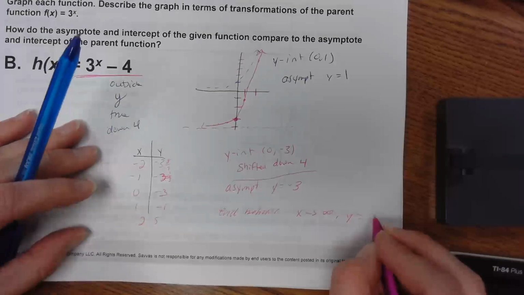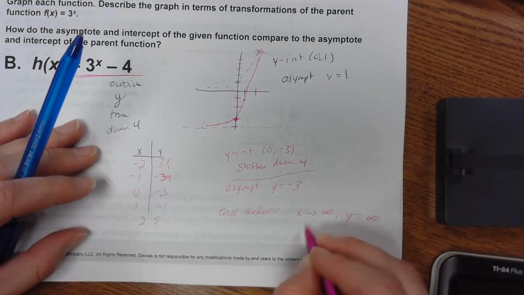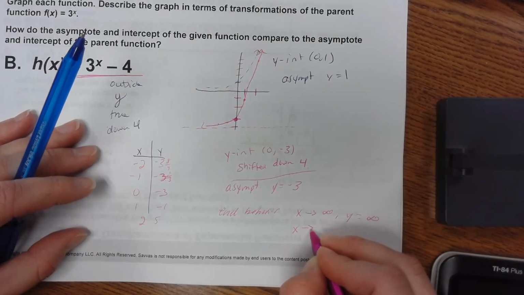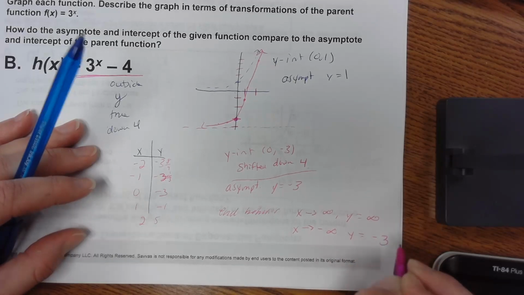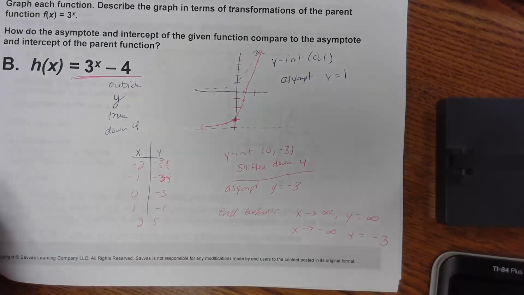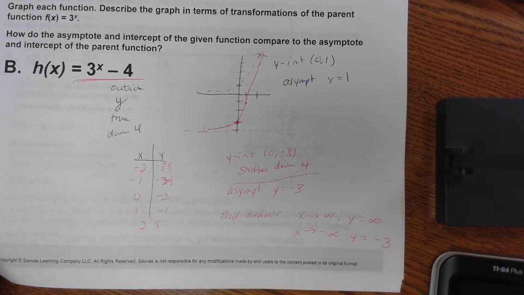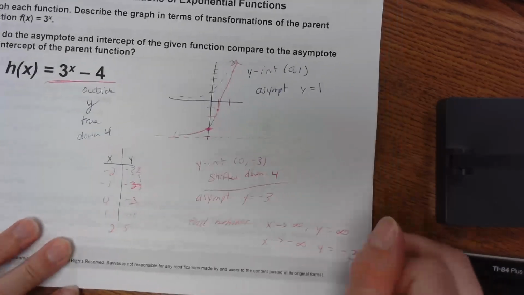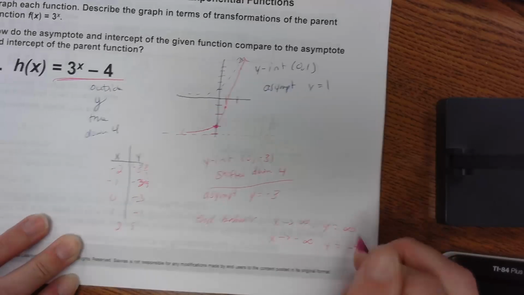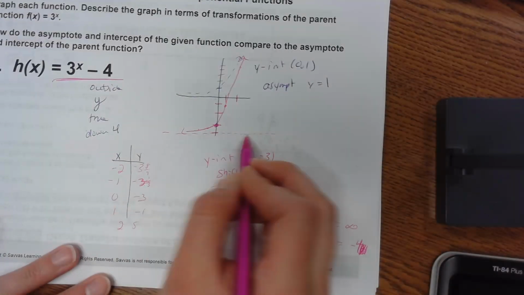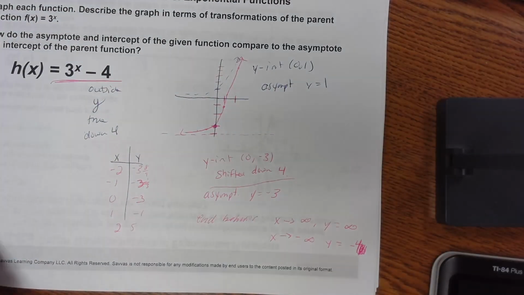And you should have said positive infinity. As x is going to negative infinity, y is going to that asymptote, which is -3. Or sorry, -4, not 3. Right, because I'm heading towards this line. Okay?